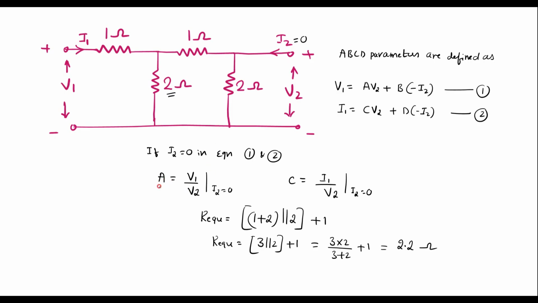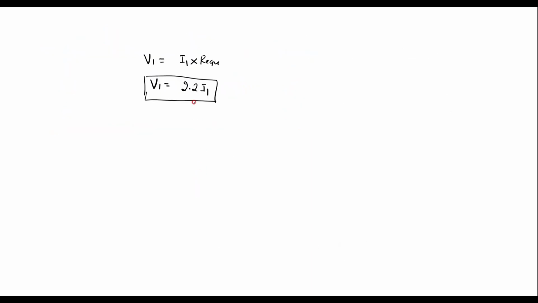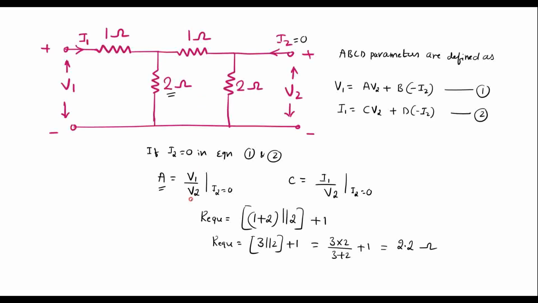Now in A, we can see that it is V1 divided by V2. We already found V1, which is 2.2 I1. Now let's calculate V2. Here we can observe that V2 is the voltage across the 2 ohm resistor. Since I2 is 0, the current I1 will flow like this.